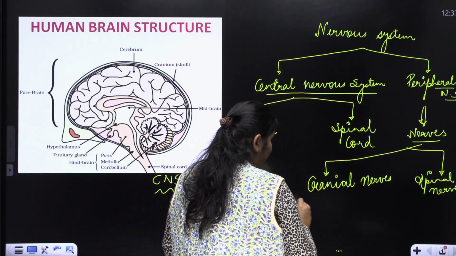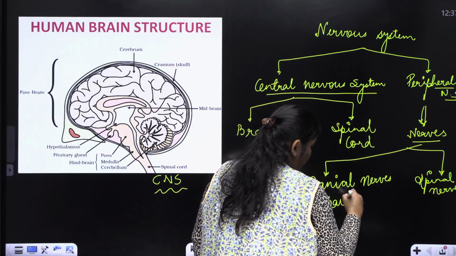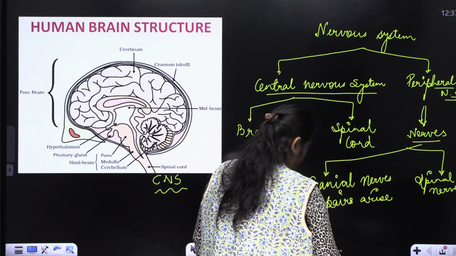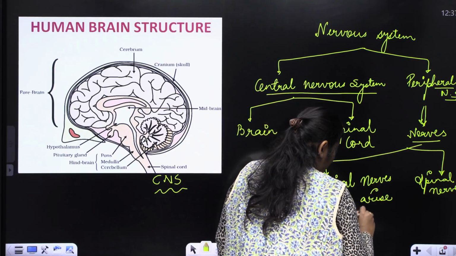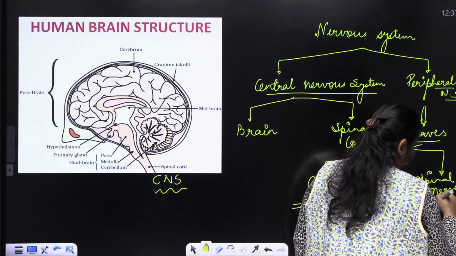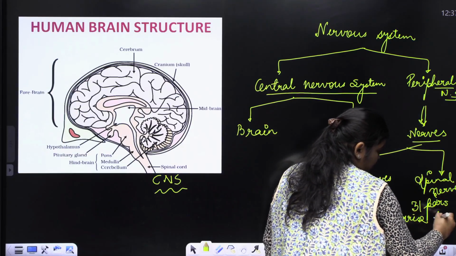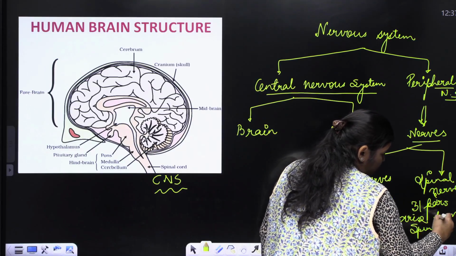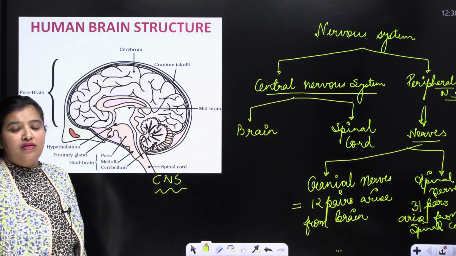There are about 12 pairs of cranial nerves, which arise from the brain, and about 31 pairs of spinal nerves, which arise from the spinal cord. So you should know what the two main nervous systems in the body are.